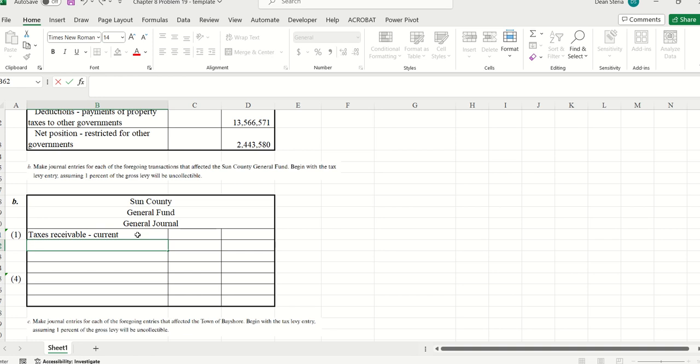And then we have our estimated uncollectible taxes. And then we'll have revenues.